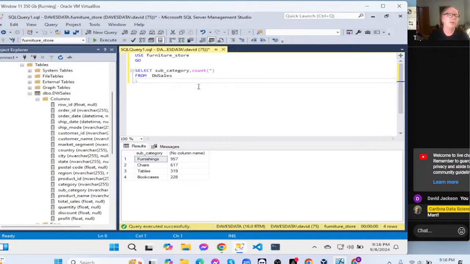Okay, let's just get a little crazy here, shall we? Let's just count some basic functions, basic statistical numbers for the entire data set.